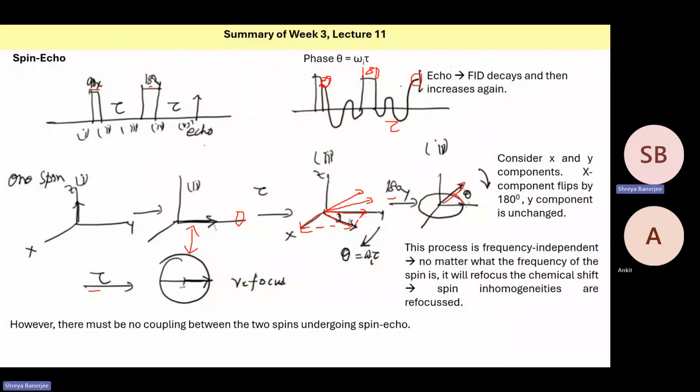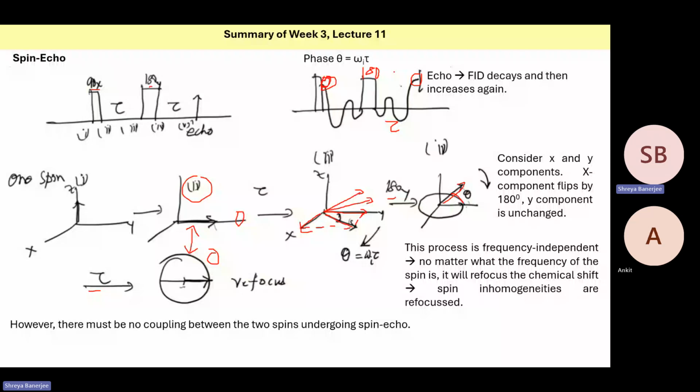That is why you are saying that the signal is refocusing, and these two positions correspond to this and this position where your signal is maximum because your detector is along the y-axis. So you are calling this a spin echo phenomenon.